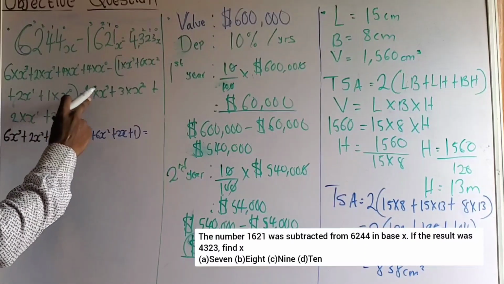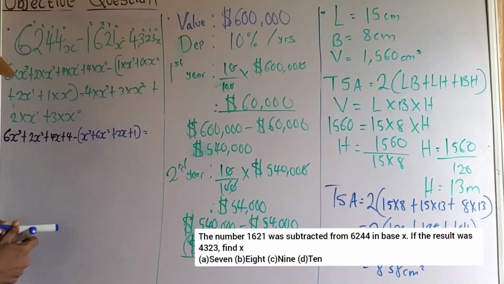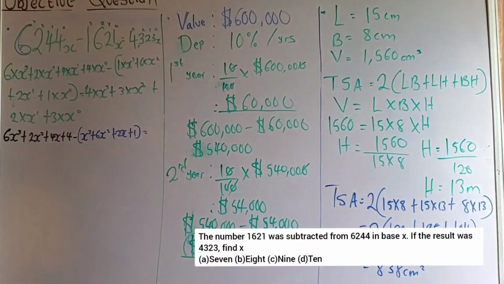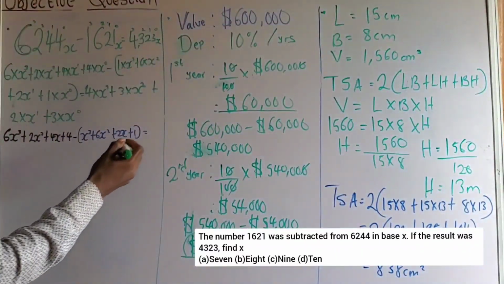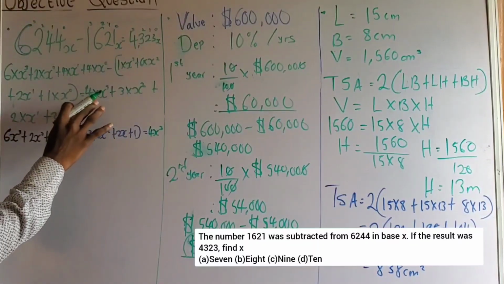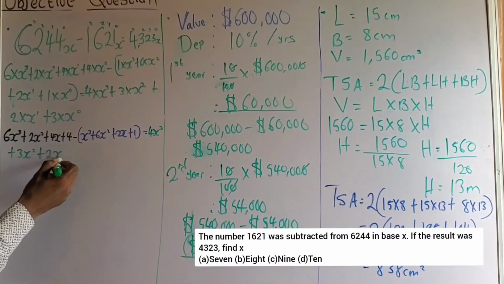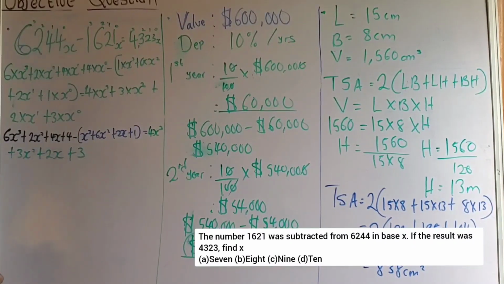Now, for the right hand side of the equation, we have 4x to the power of 3 plus 3x to the power of 2 plus 2x plus 3.